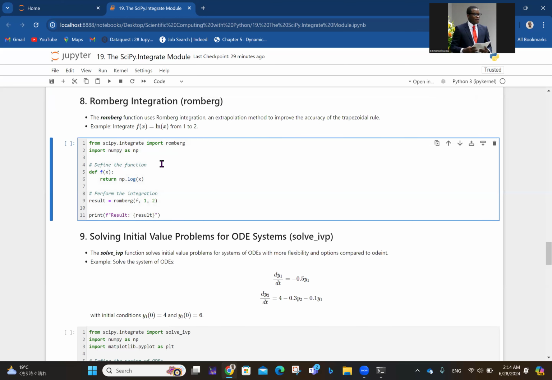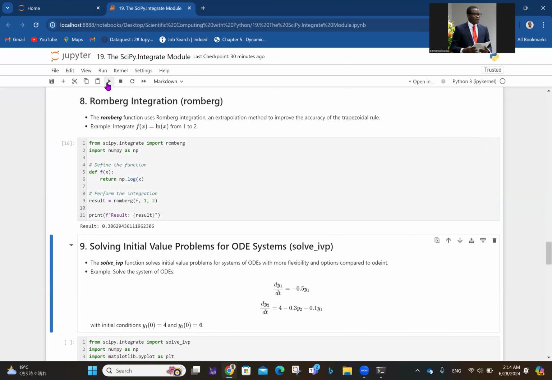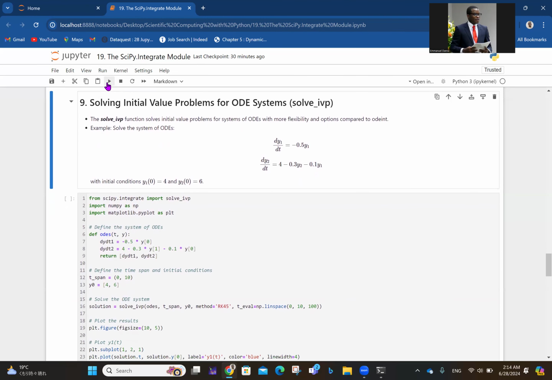So you have from SciPy import romberg, and then you define the function log. Log comes from numpy, so we need np.log x, and then you do the actual work in line 9. That's romberg of the function from 1 to 2, and then you get the results like that. So you can change the function and see what happens.